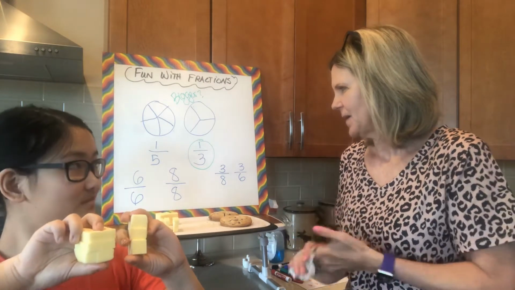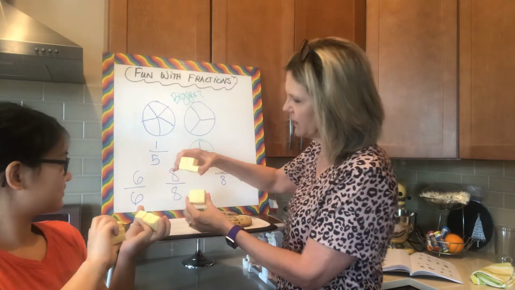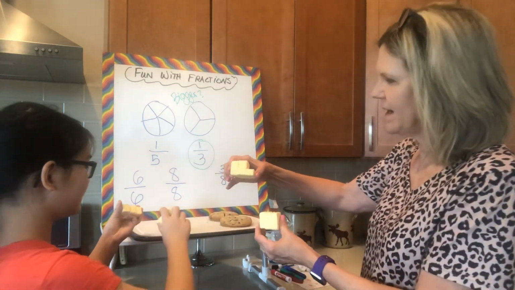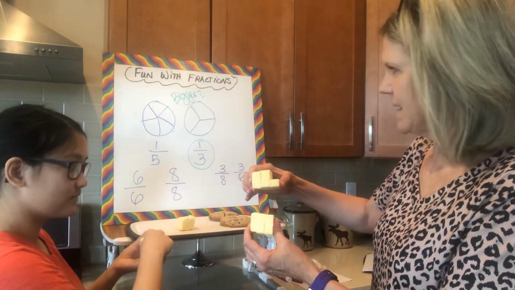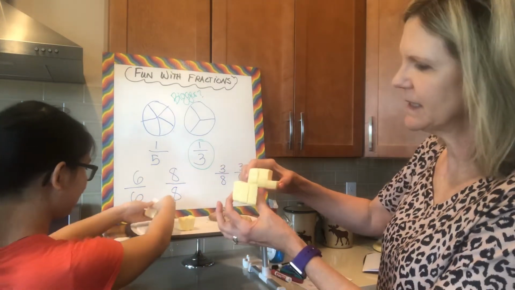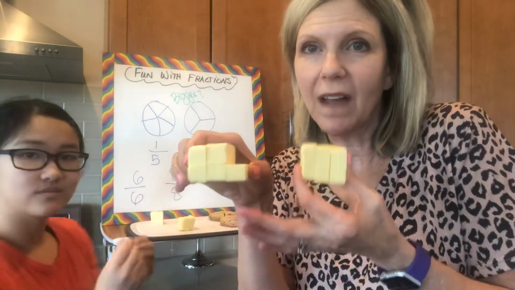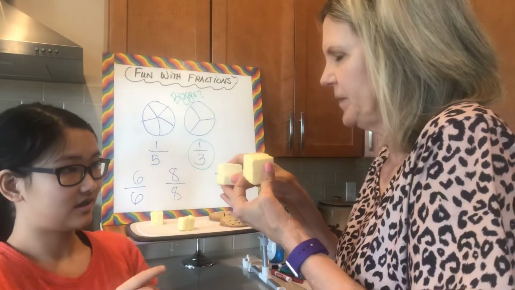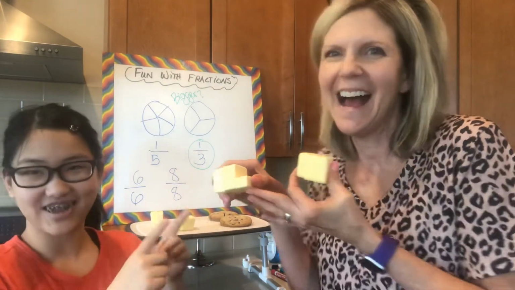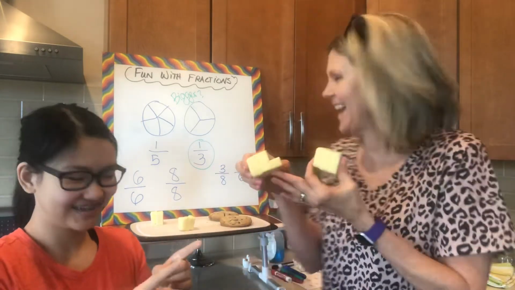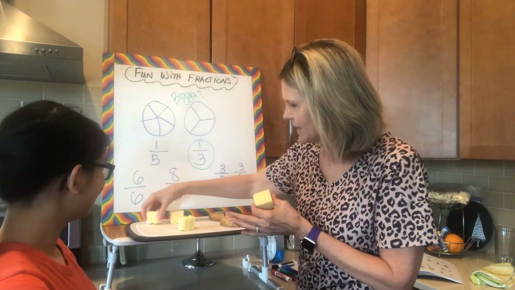But let me show you what's left over. This is how much I took out. I took 3 of the 8ths out, okay? And I took 3 of the 6ths out. Which one has more left? Which one has more left? This one. That was the 8ths, okay?